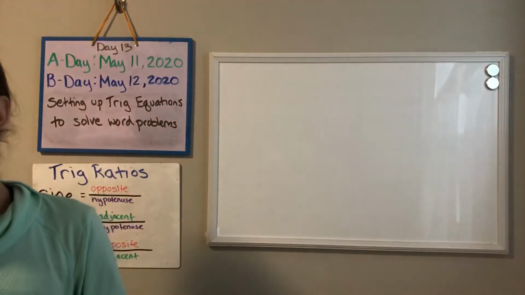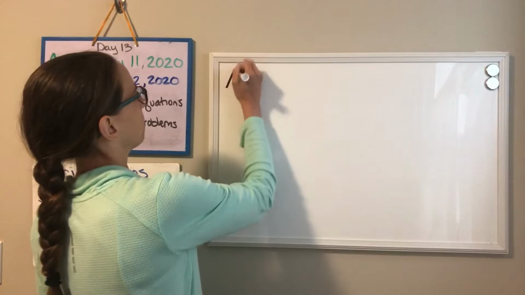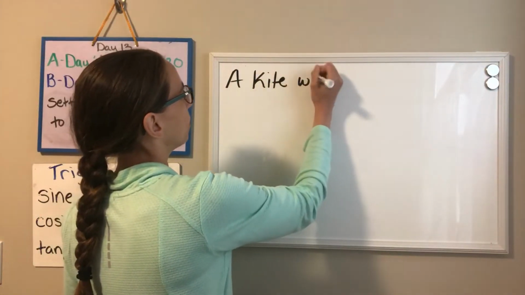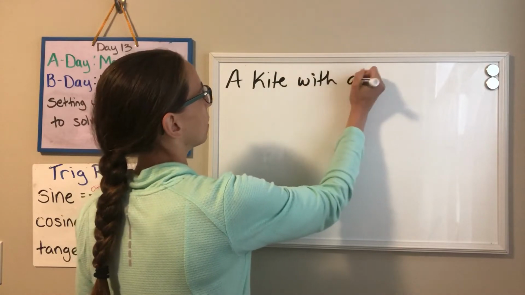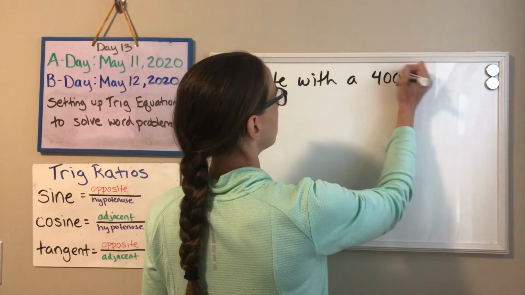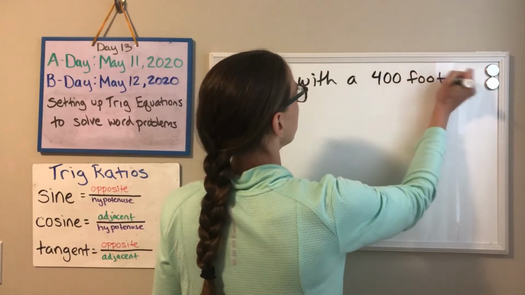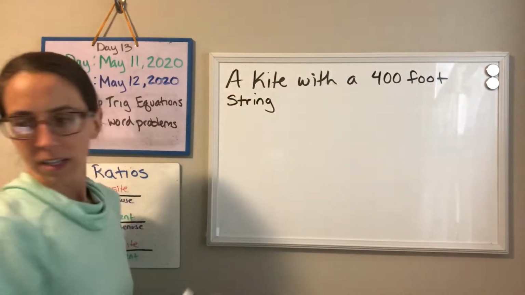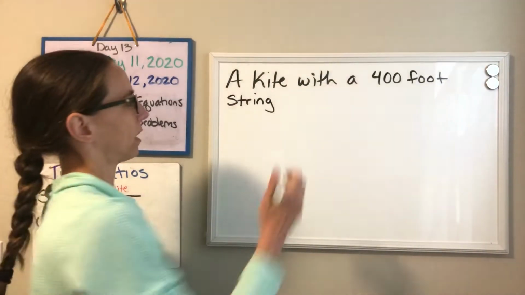All right, this time, a kite with a 400-foot string is flying.